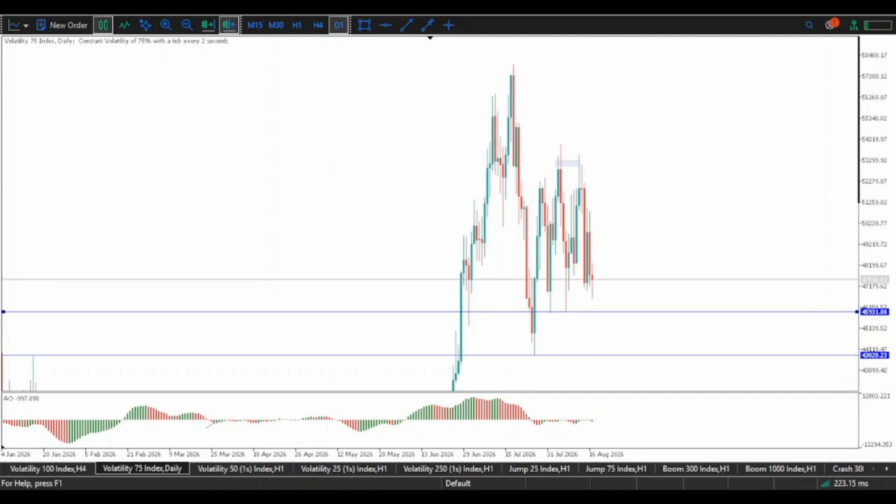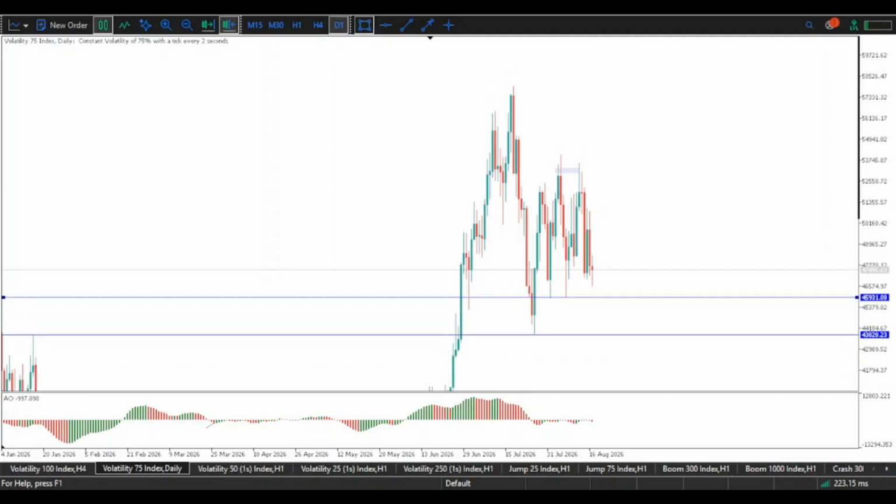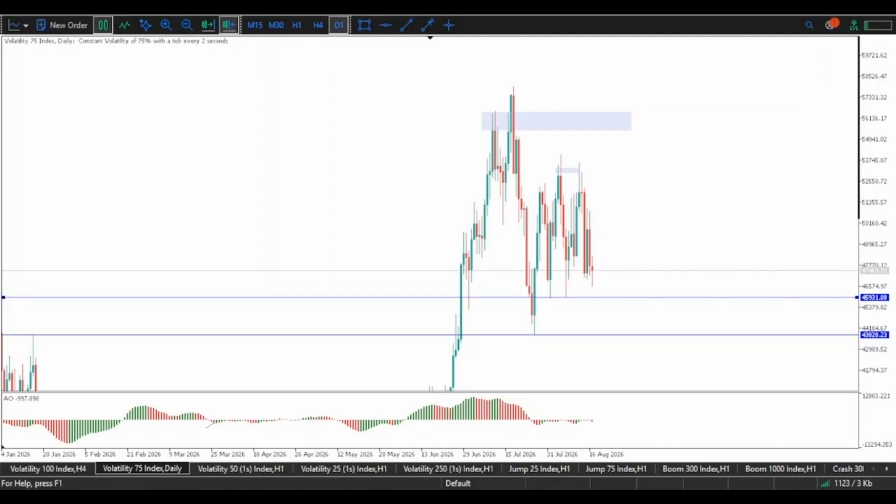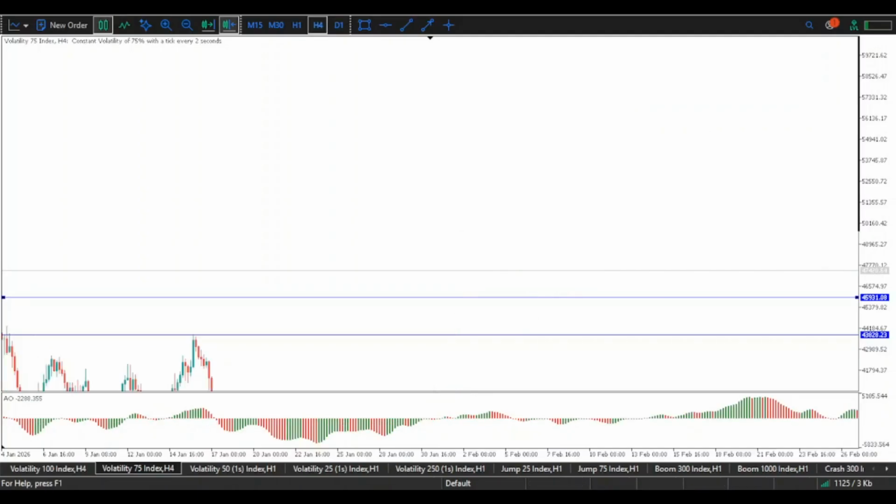If this market decides to come back all the way to this level over here, I'll still be more interested, because you can see our higher highs and our lower lows, so there's still that opportunity for us to trade that QM pattern on the daily time frame, should the market come all the way there.